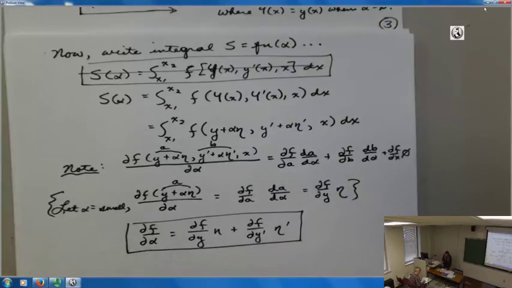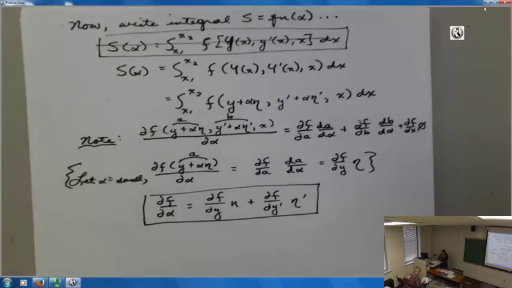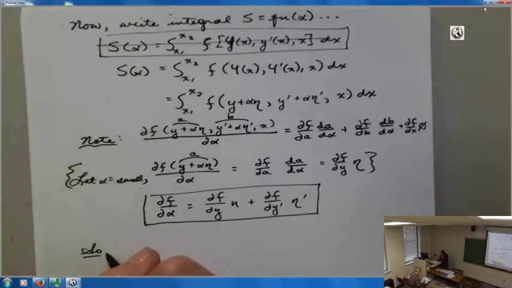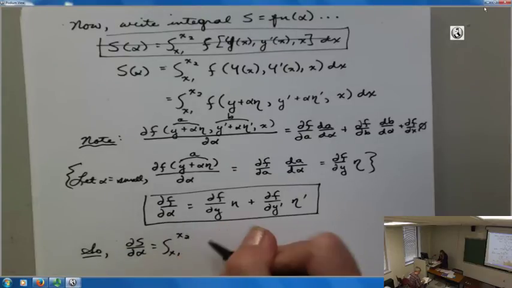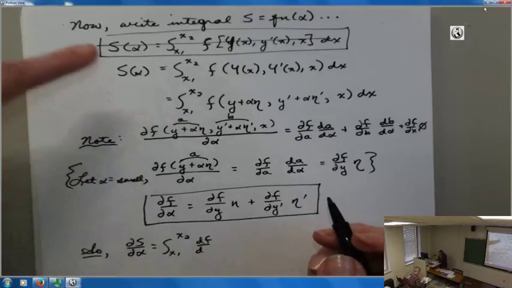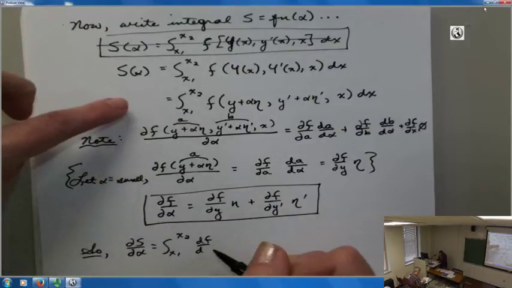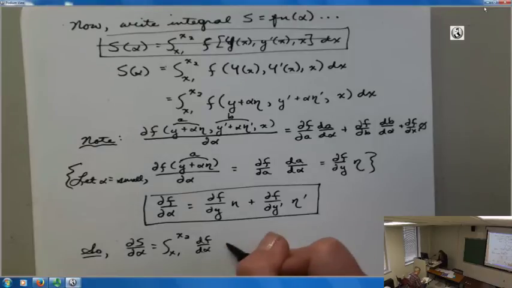All right. So now, I need to keep you for one more minute because we're so close. So dS d alpha is equal to the integral from x1 to x2 of df d alpha dx, pardon me, that's what I wanted to say.